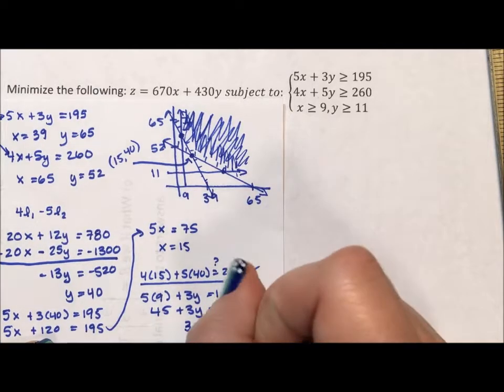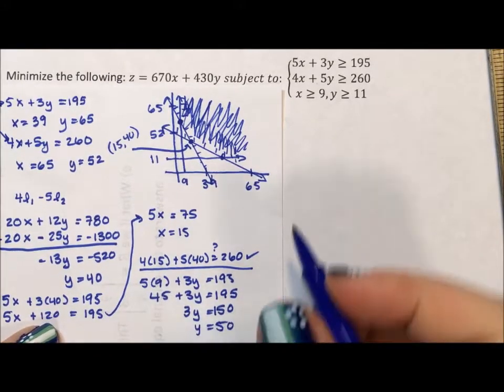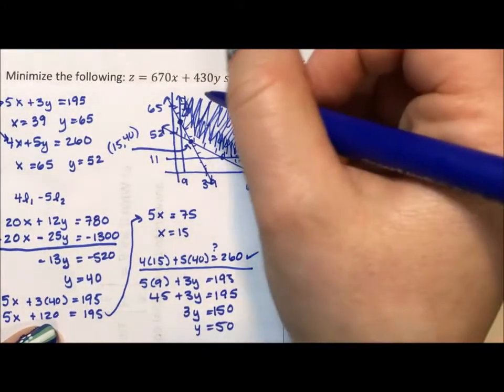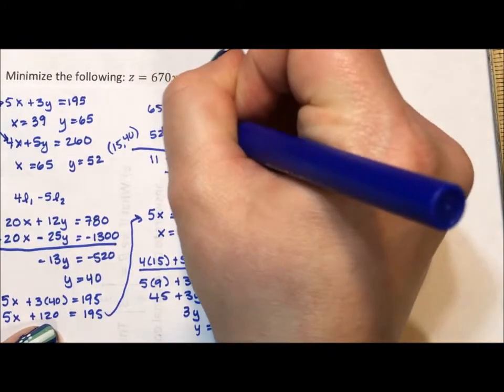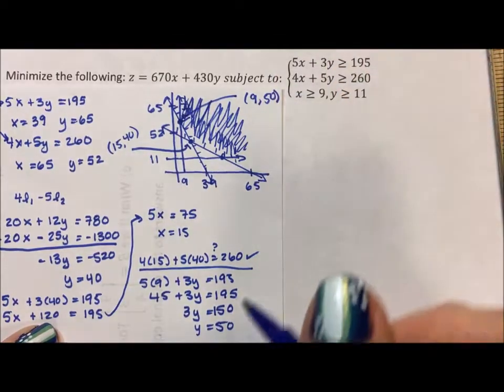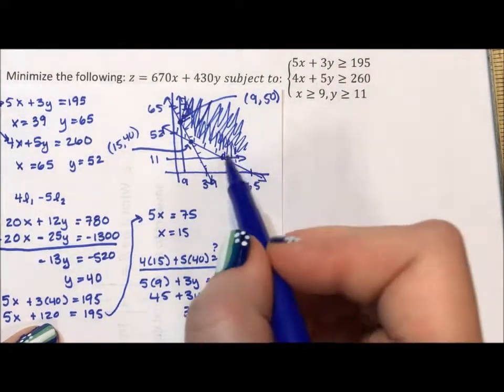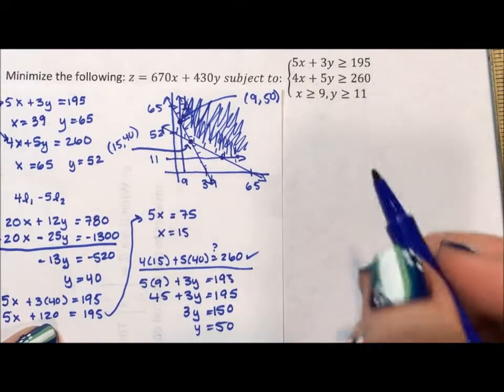Sorry, 150. So y is equal to 50. So that means this point right here is 9, 50.